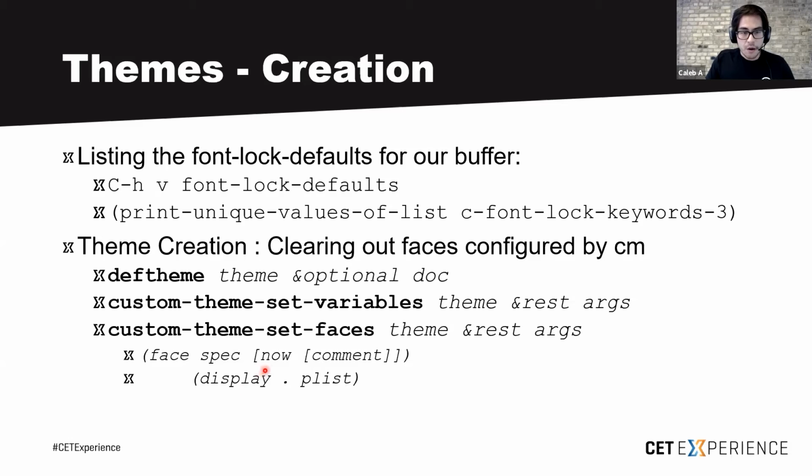The now and comment are optional, and they are used for internal uses. Basically, what this is saying, if you want it now, it will provide the face specification as soon as this line is read. Otherwise, it'll wait until the theme is loaded.